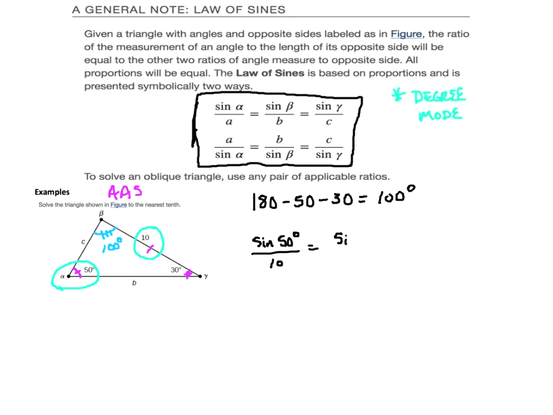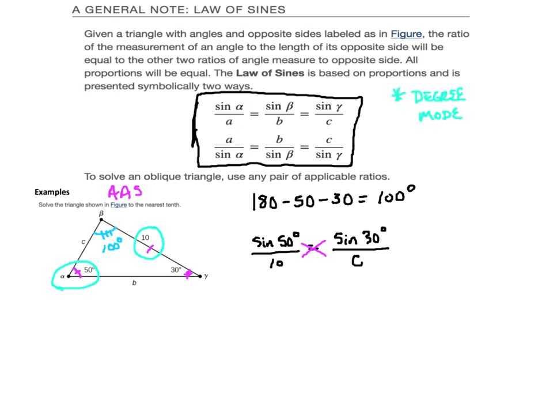So that's got to be equal to the sine of 30 degrees divided by side length C, which is what I'm solving for. So I simply get C out of that denominator. Well, actually, I take that back. I can make it much easier on myself and cross multiply here. Now let me caution you. Cross multiplication only happens across an equal sign.